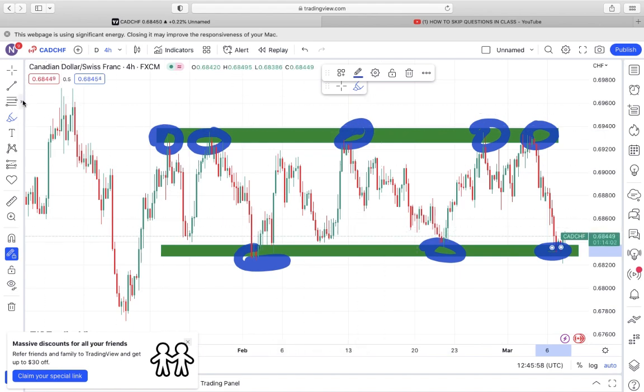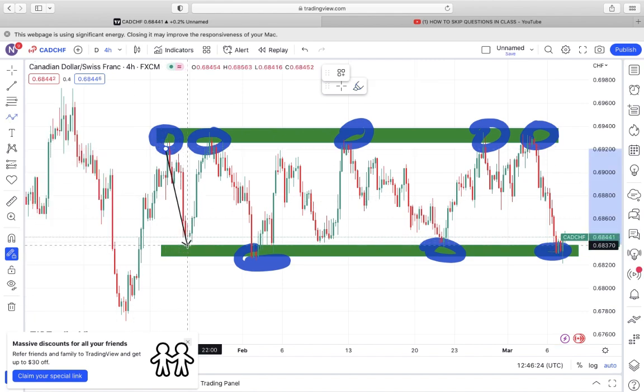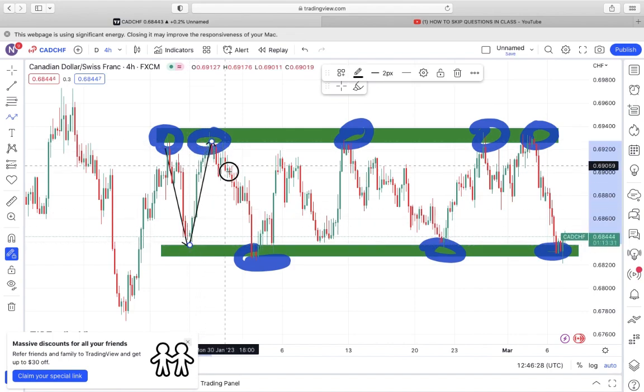Now what is the structure? What is the market forming? The market is forming a high, low, and a low, high, because the market broke from here up. You can draw it. Let us draw what the market is forming: high, low, the first point, second, high, low.